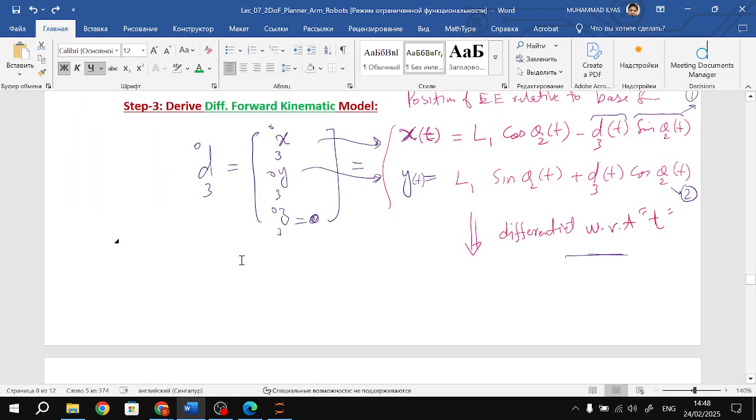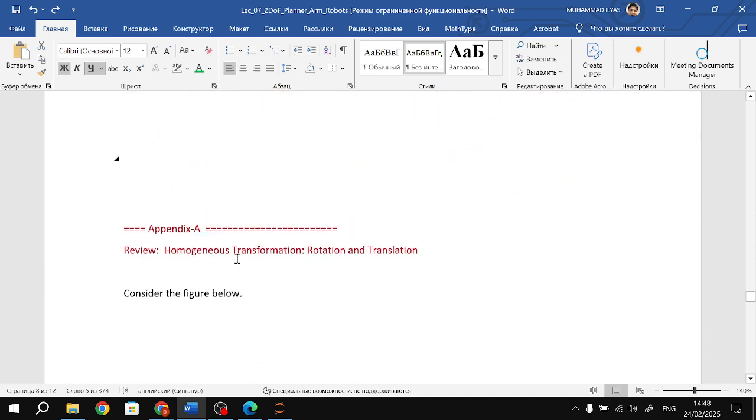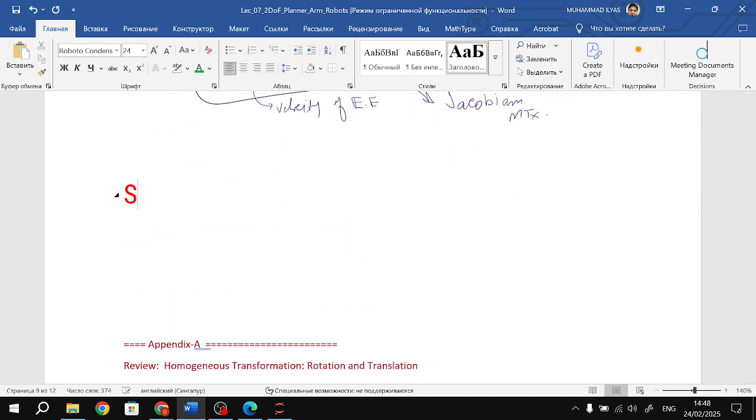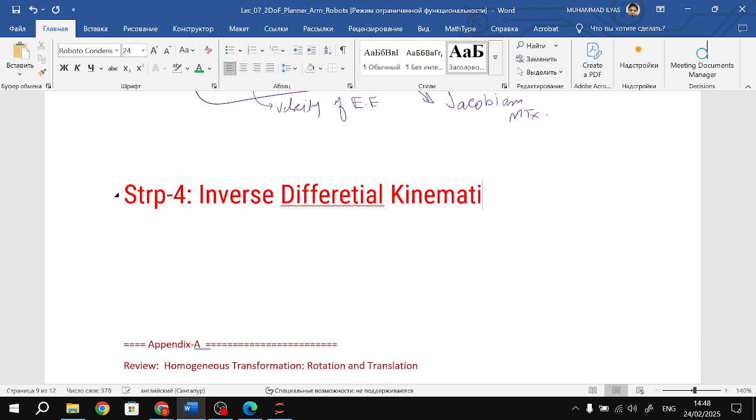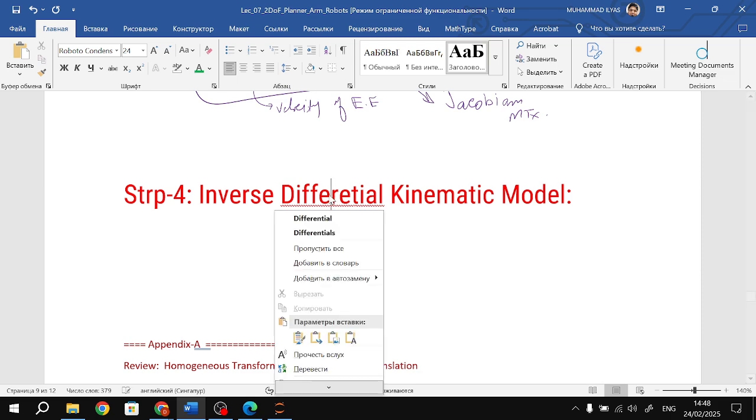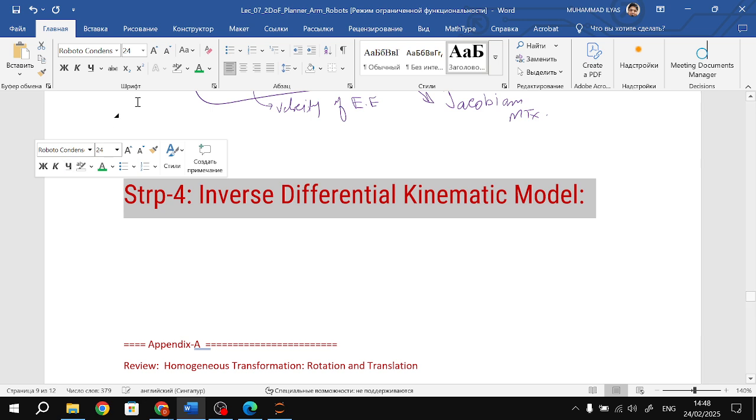So our last step is step 4: inverse differential kinematic model. That is our last step, so let's do it.